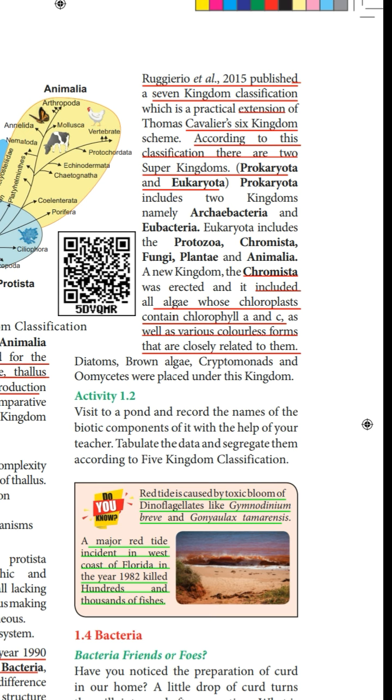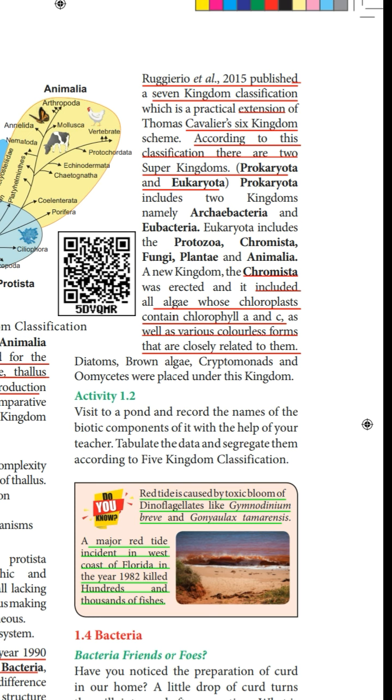Prokaryota include 2 kingdoms, Archaebacteria and Eubacteria. Eukaryota include protozoa, chromista, fungi, plantae and animalia.